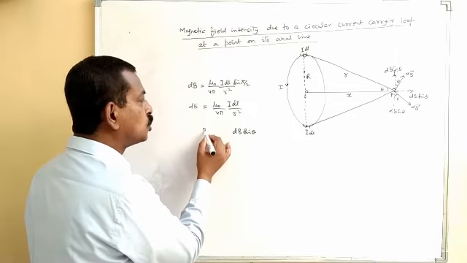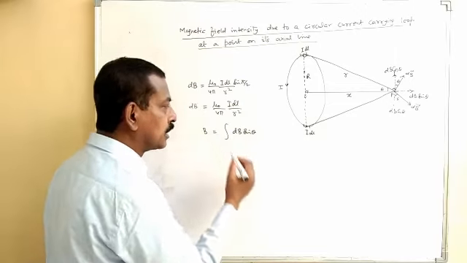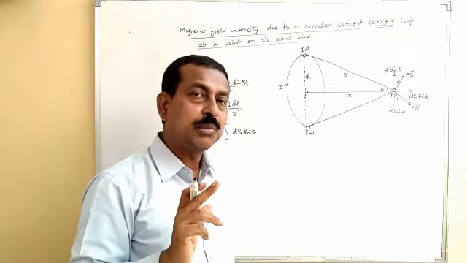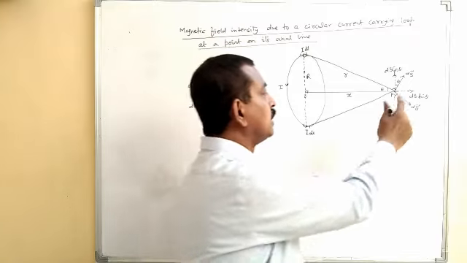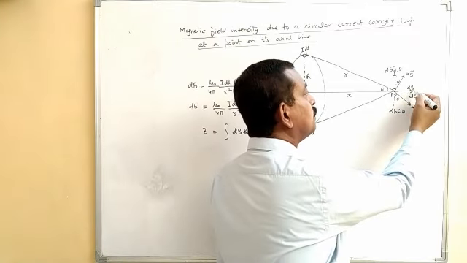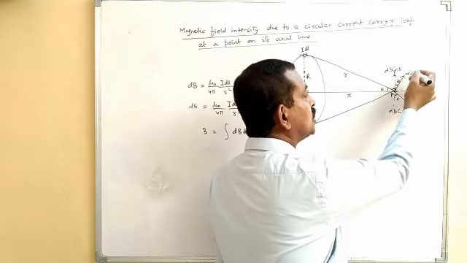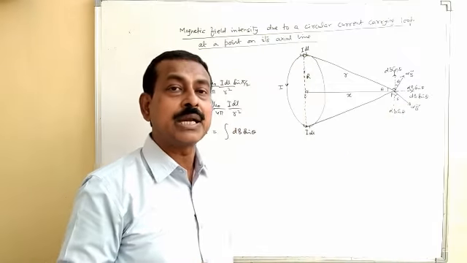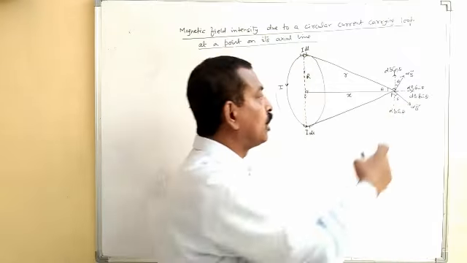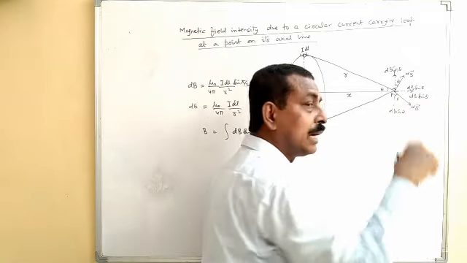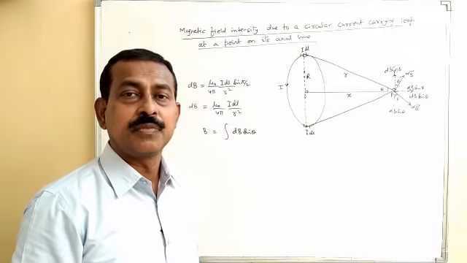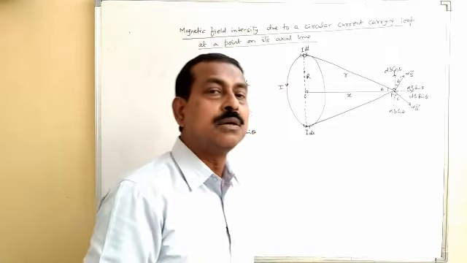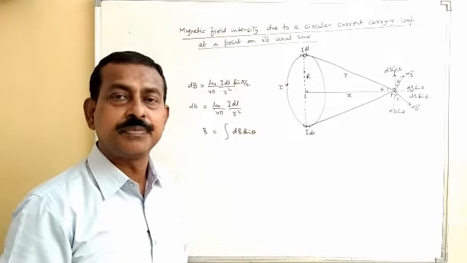So if I want the total magnetic field, it will be the integral of this quantity. Do remember one thing: it will be dB sin theta due to this dB as well as this. But when we are taking the total magnetic field, we will not take it as 2 dB sin theta and integrate, because then you are adding algebraically as well as by using calculus.